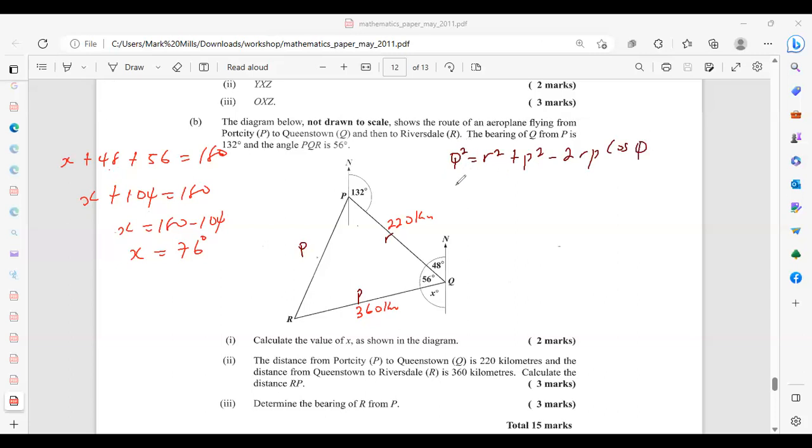So we put 220 square plus 360 square minus 2 times 220 times 360 cos of 56 degrees.